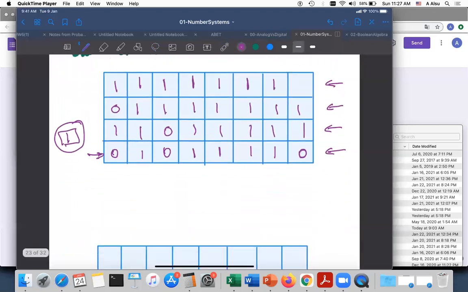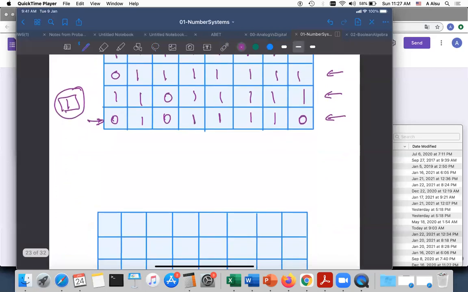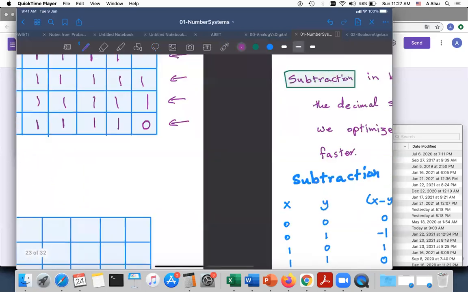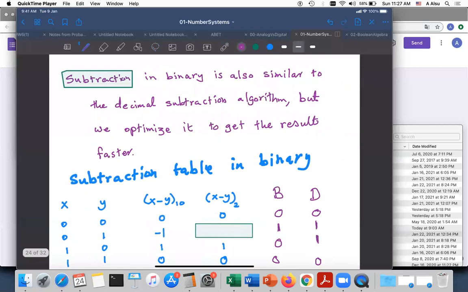So let's move on. If there are no questions, let's move on to subtractions. Subtraction is also done using the same method as in decimal, but we will do it in a more efficient way. So let me give you an example in decimal, and then we proceed to the binary case.